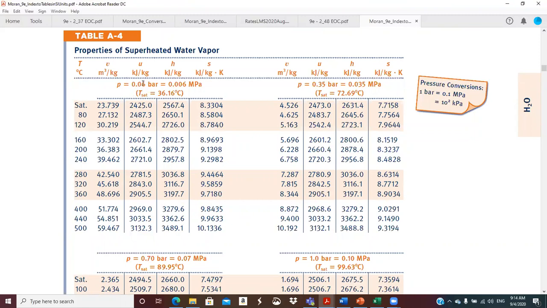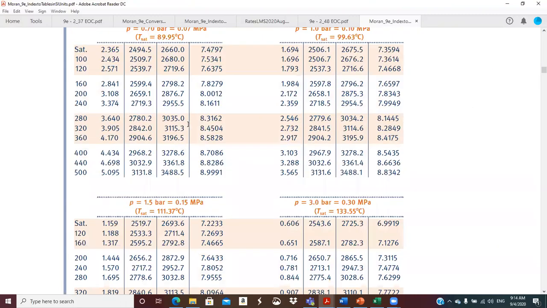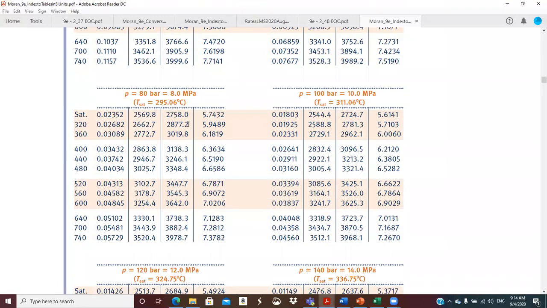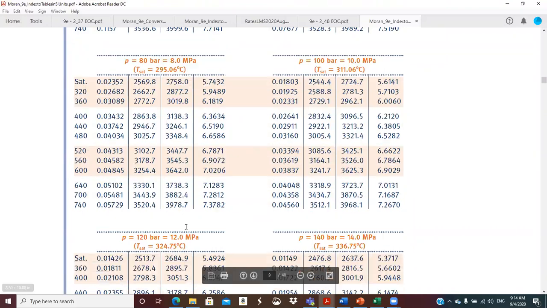So this is 0.06 bar, which is 0.006 megapascals. It gives you both pressures, which helps you find it a little bit more. Or that would be 6 kilopascals. So you've got a whole bunch of these. As pressures go up, you see temperatures go up as well.